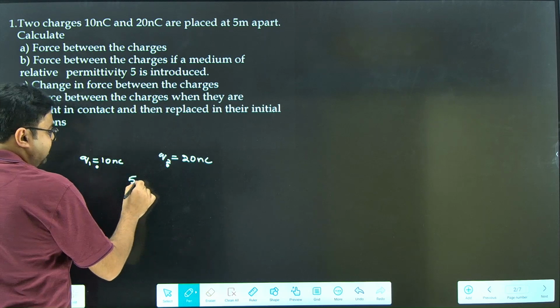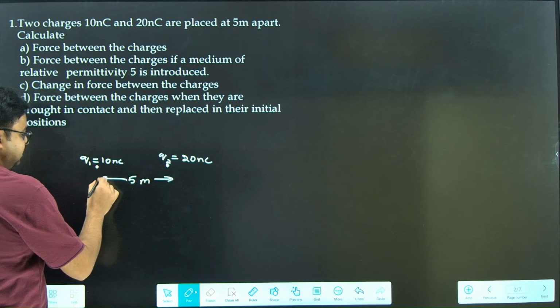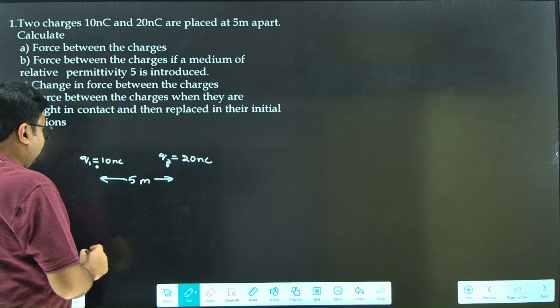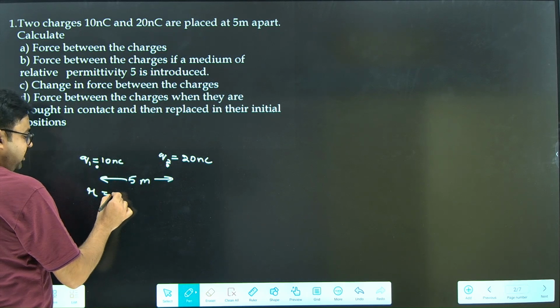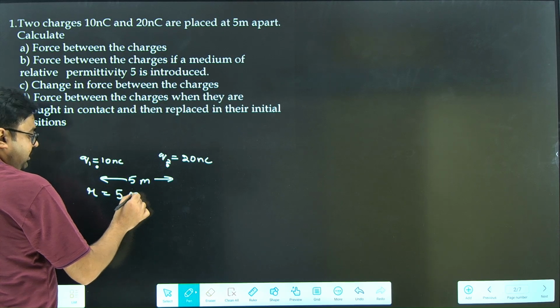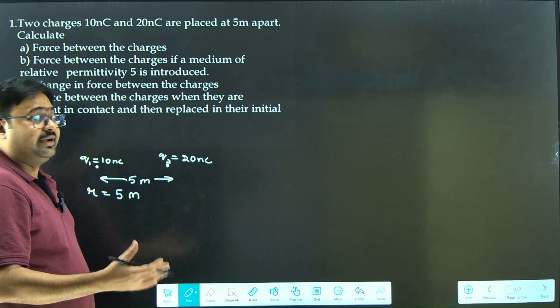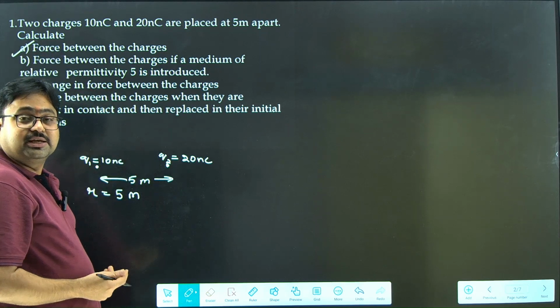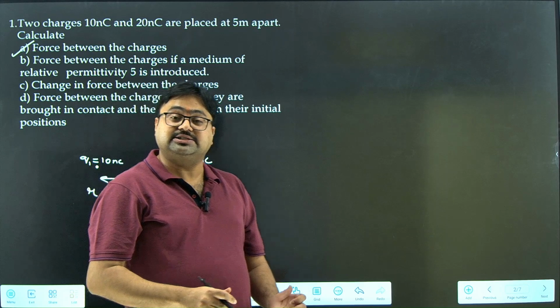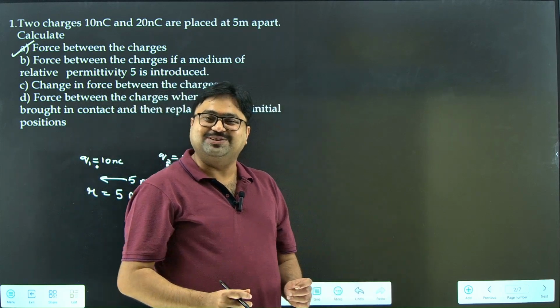They are separated by a distance of 5 meter, and that is R. Using this, you can definitely find the force acting between the two charges. The force on each of these two charges is going to be equal as a result of Newton's third law.